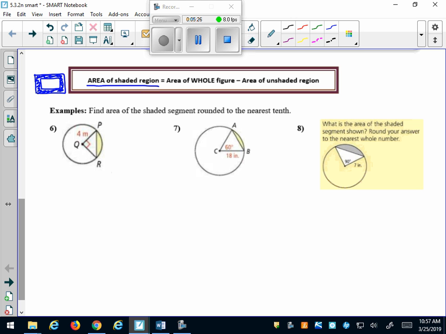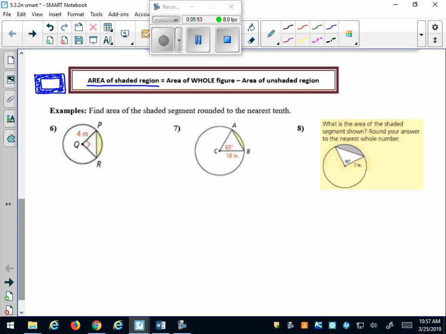If I asked for it in exact form, could you use the 1/2 BC sine A? No, because anytime you use a sine or a cosine or tangent, whatever, it's always going to give you an answer as a decimal, and that is not exact form, right? So that's why exact form complicates this method.